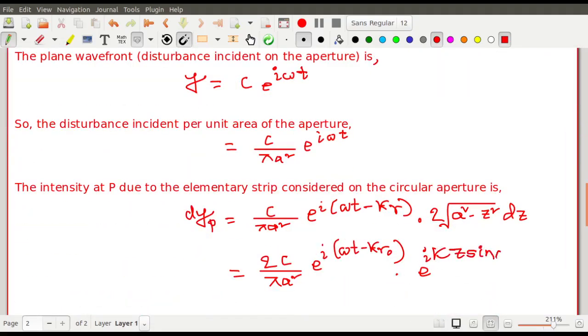These are the two terms that you have at this moment, and then there is this term root over a square minus z square multiplied by dz. That is what you have at this moment.